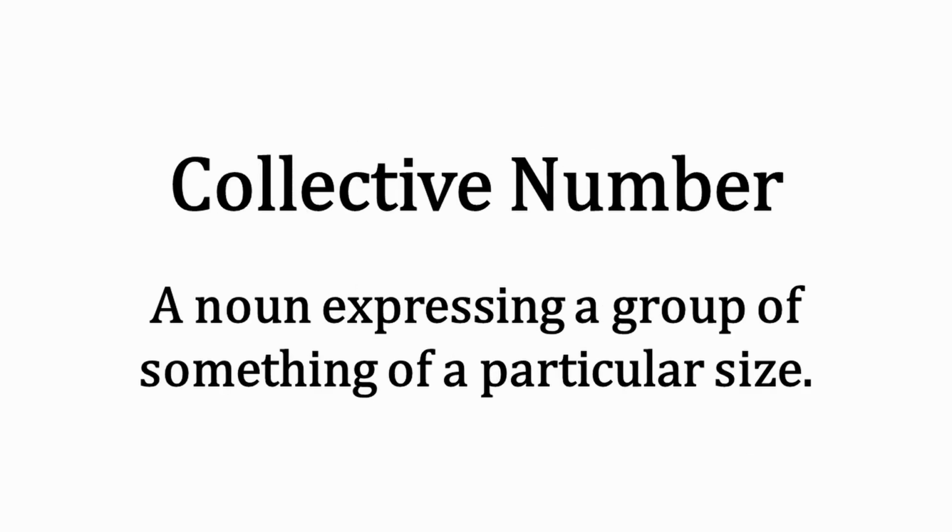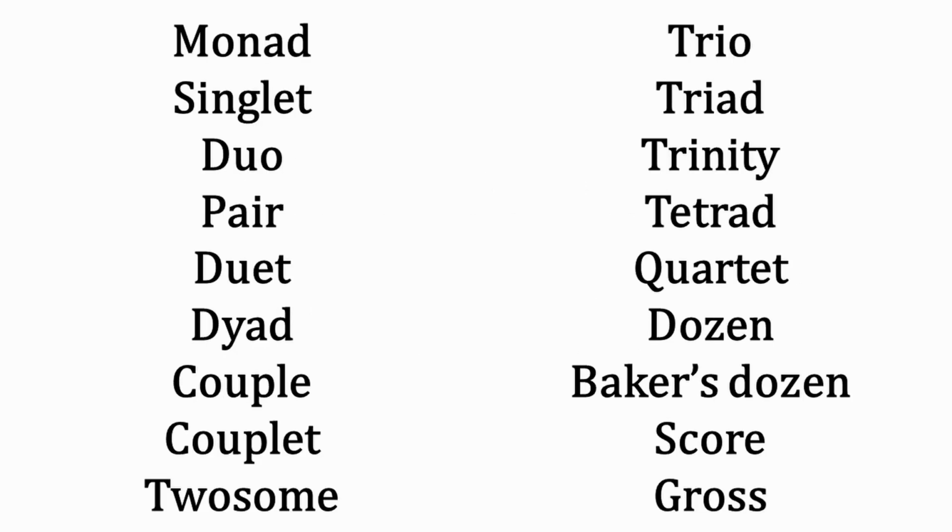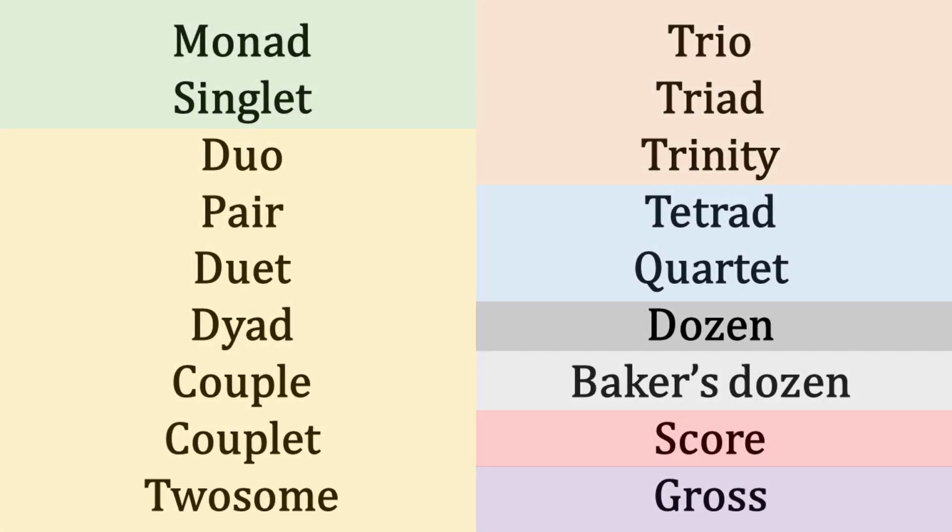Collective numbers are nouns referring to a certain number of something. In English we have words like pair, trio, quartet, dozen, score, and many others. We form these in several ways, and some cardinal numbers have multiple associated collectives.